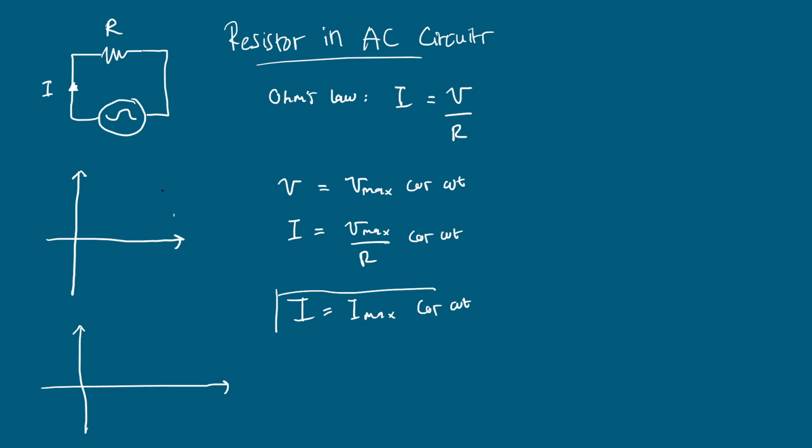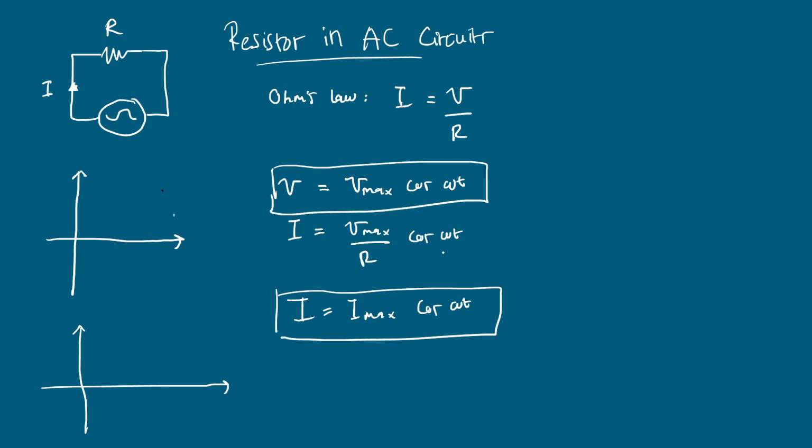And here we have two different formulas for different quantities. First we have voltage, represented by Vmax cosine omega t, and I represented by I max cosine omega t. And we know that both signals are in phase.